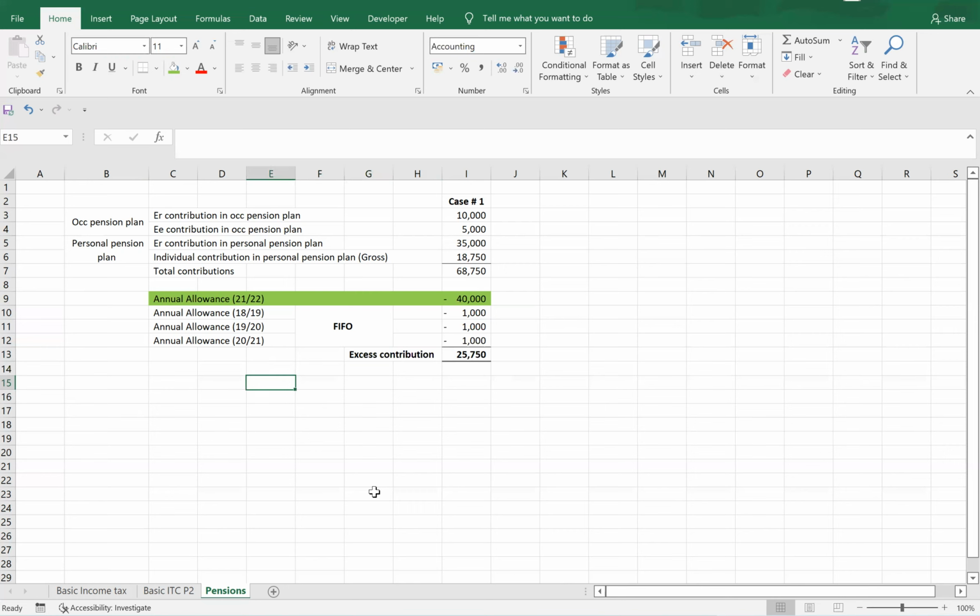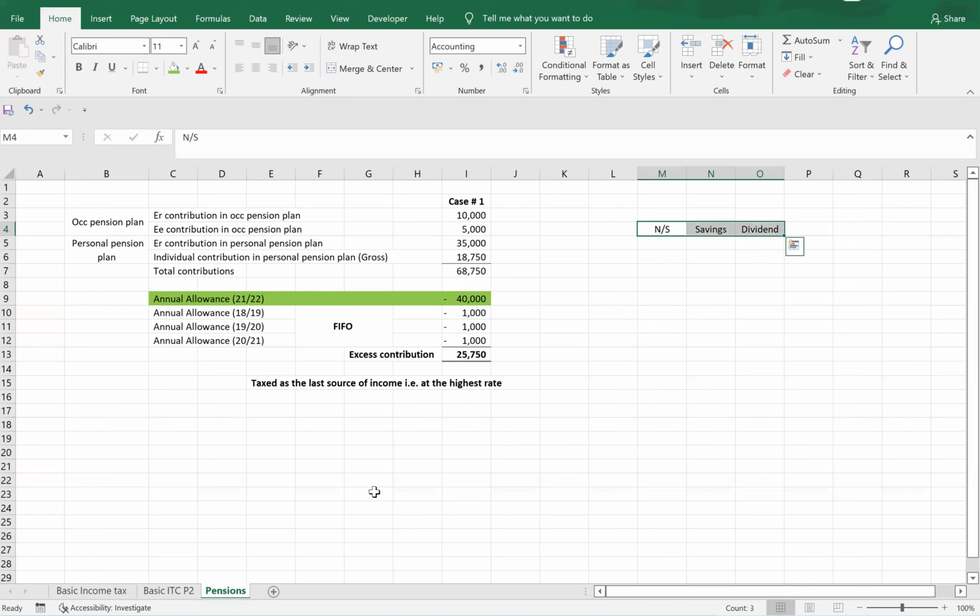This 25,750 will be taxed as the last source of income. That is at the highest rate. What does this mean? Taxed as the last source of income, that is at the highest rate. How many sources have we determined earlier? Non-savings, savings, and dividend.